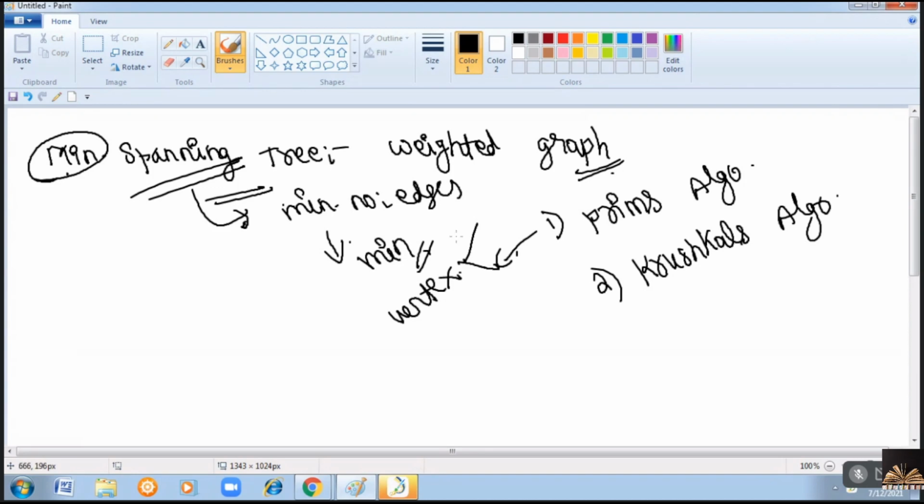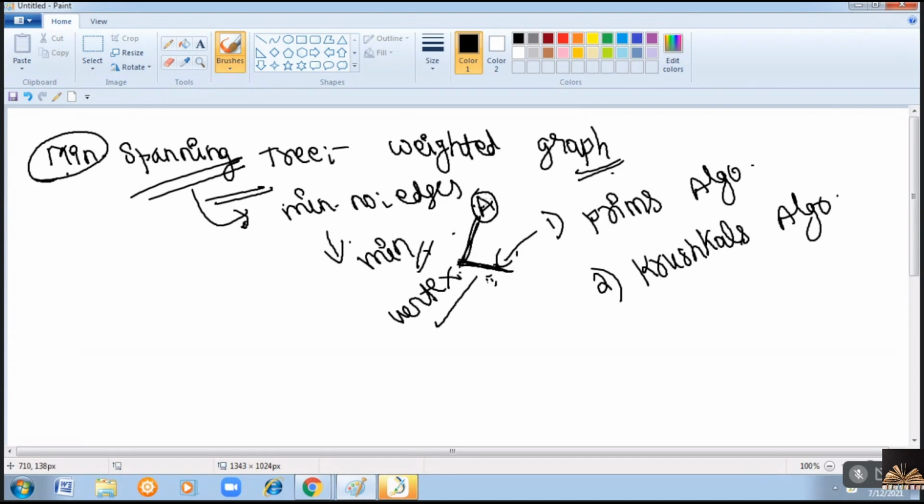Identify what are its adjacent vertices. Which vertex is reached with minimum cost or minimum weight, that should be considered. An edge with minimum weight should be considered.